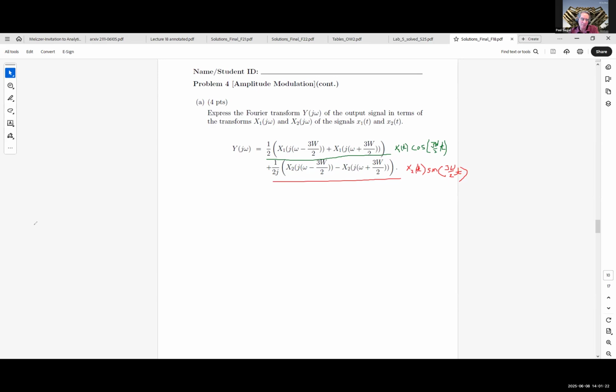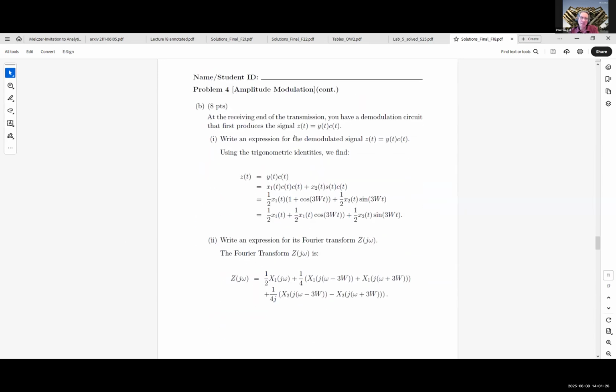And now you're asked, when you're at the receiving end, you have a demodulation circuit that first takes that output that we just computed the transform for and multiplies it by that same c of t.